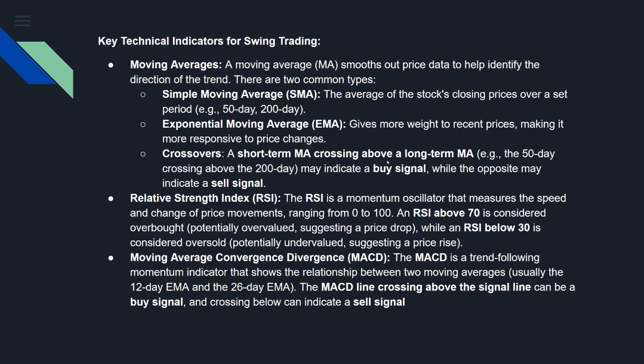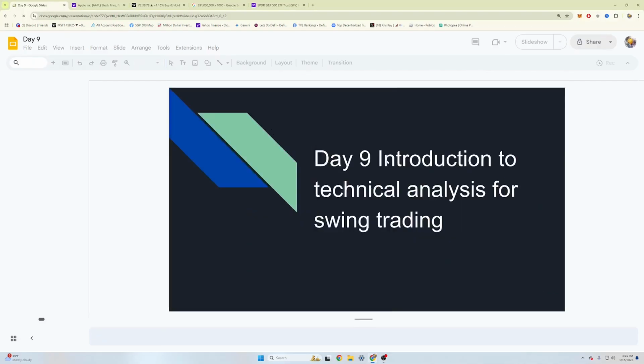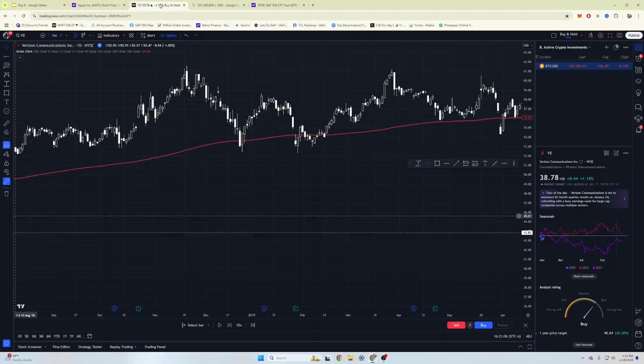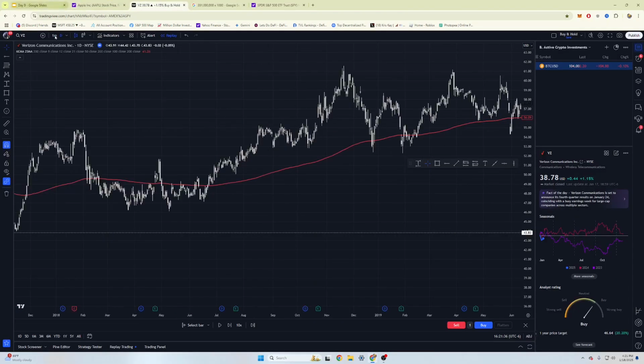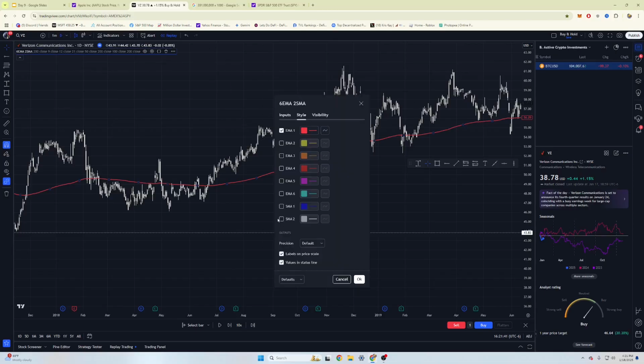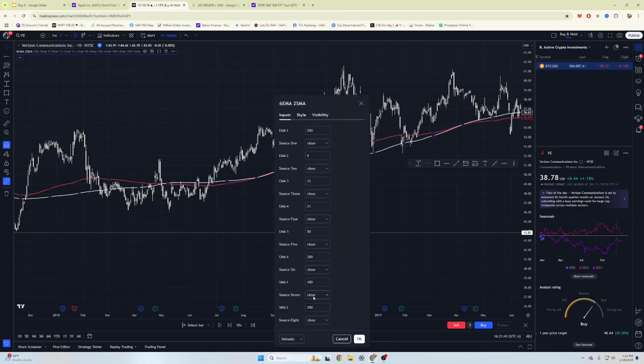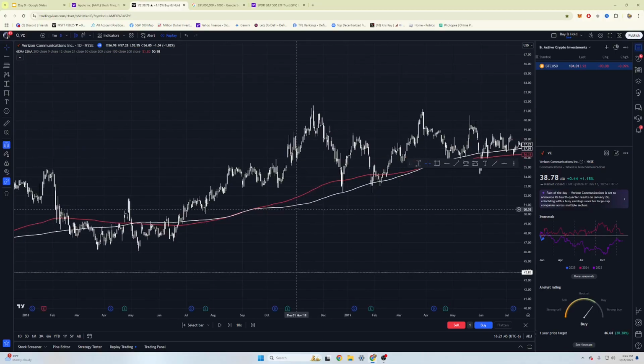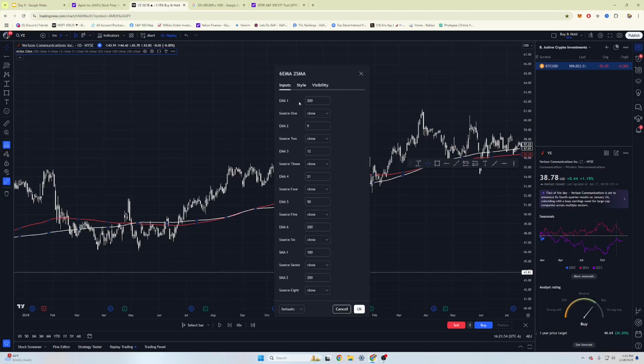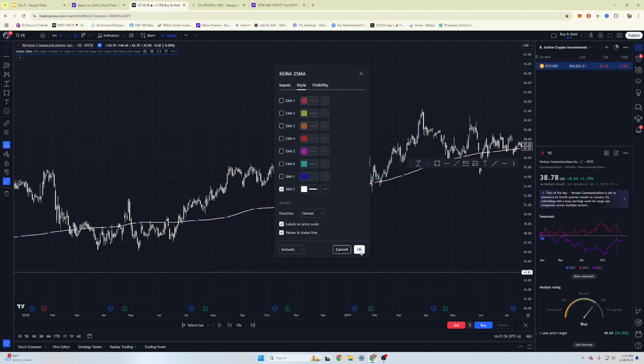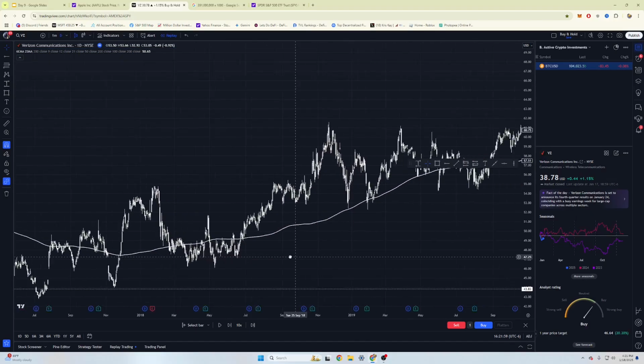So simply, if we come back out of here and go into here, they're going to be slightly different, super slightly different. So this white line should be the 200. As you can see, the 200 EMA is usually better for trading because it's a little bit more sensitive. But if you're looking to hold your swings a little better and longer, then you would click this off, and you can see that this would have held a little bit better.